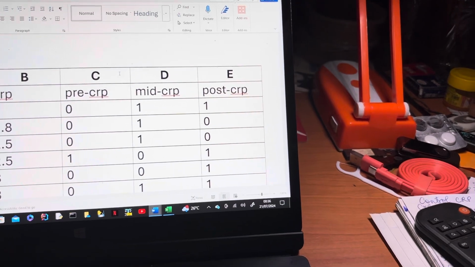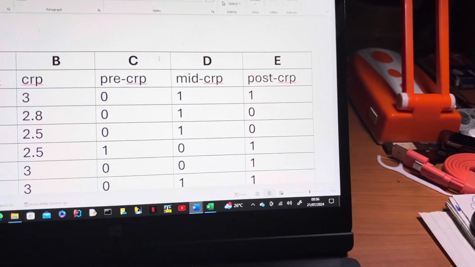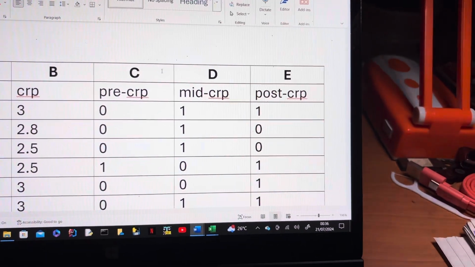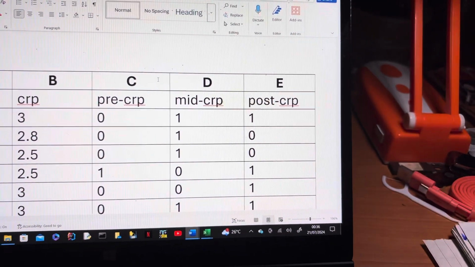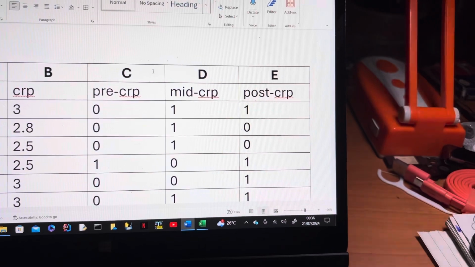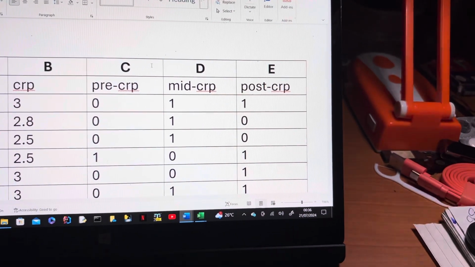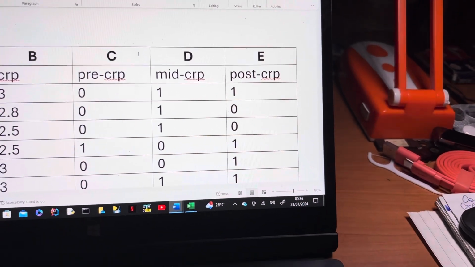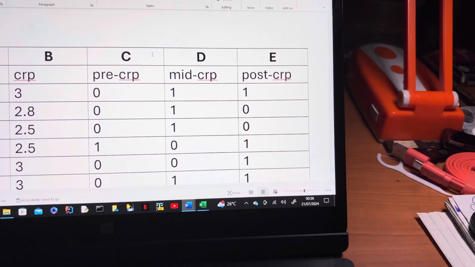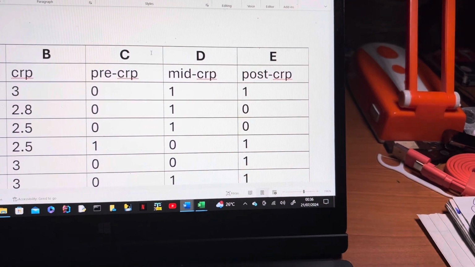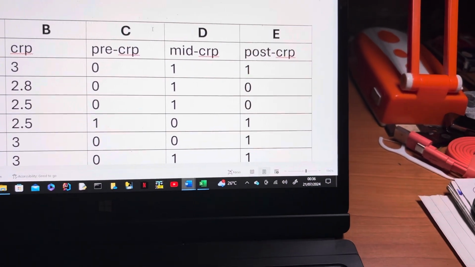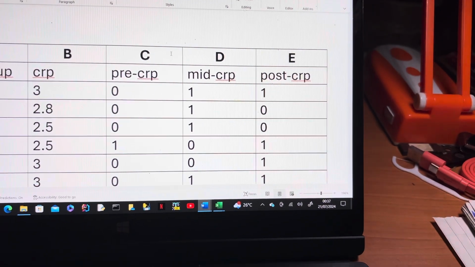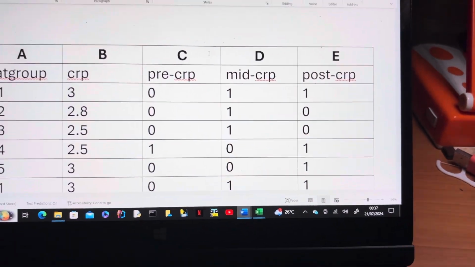For that of the second one, it follows almost the same pattern, except that there was no drop of CRP after the entire training. It was only after the mid one. While some dropped theirs during the mid one, others dropped at the end of the whole training, and some dropped even at the beginning and also at the end of the training.